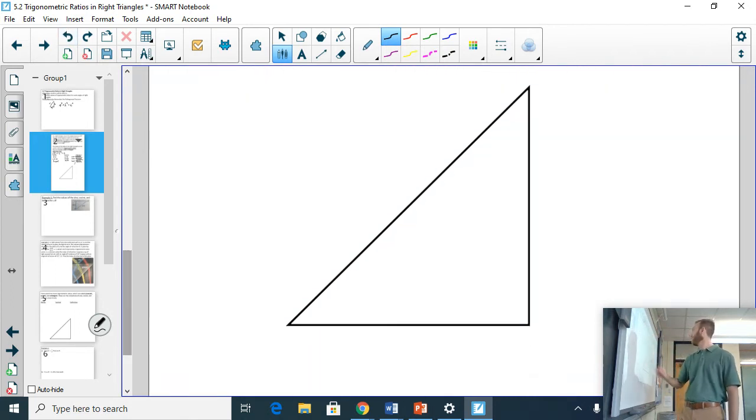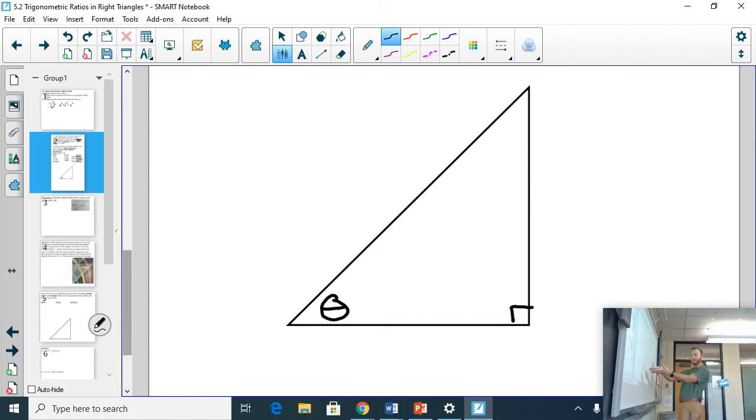So if we come down to a right triangle, we better be talking about a specific angle theta, right? Because we could be talking about this one or the one up here. I suppose we could be talking about the 90-degree angle, but that's not typical and what we usually won't work with.